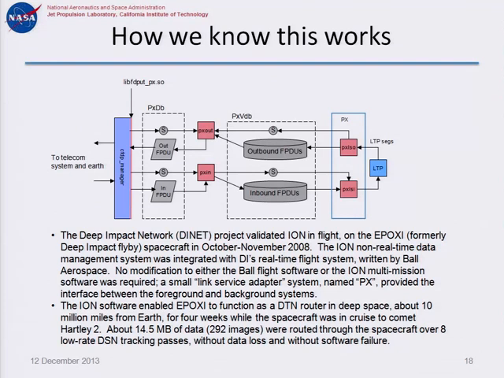And we have a practical example of this, and this was in 2008 when we uploaded the ION system onto the EPOXY spacecraft and operated the spacecraft as a router in deep space, about 70 to 80 light seconds from Earth.